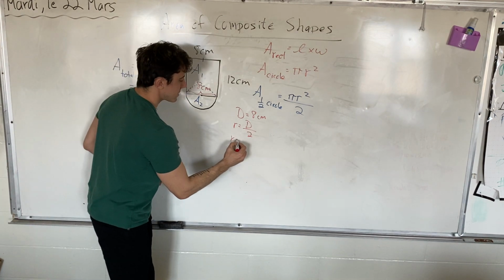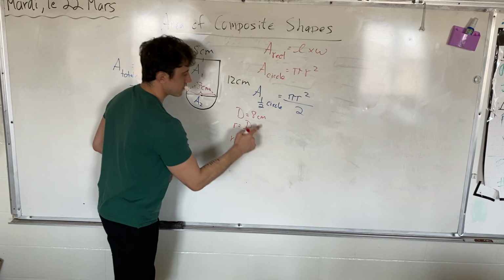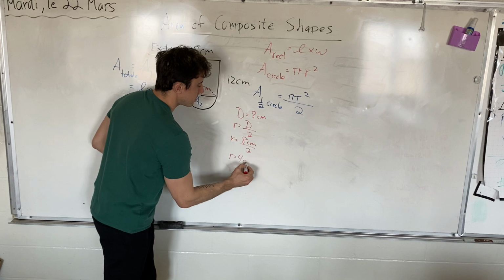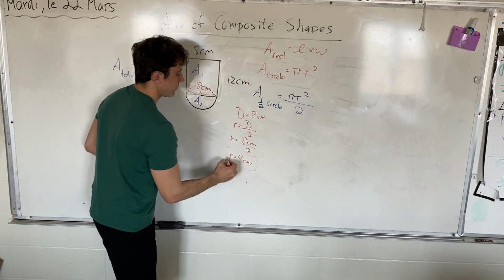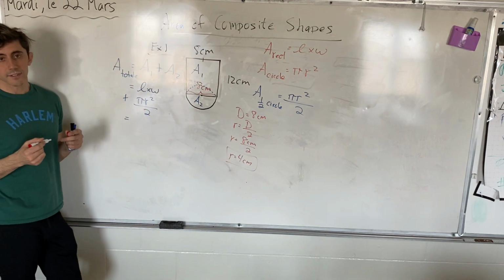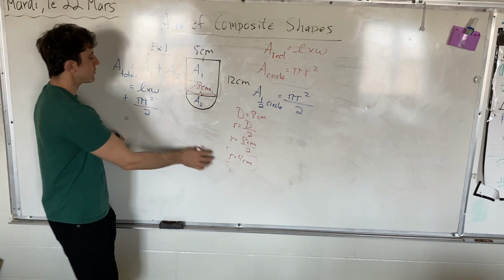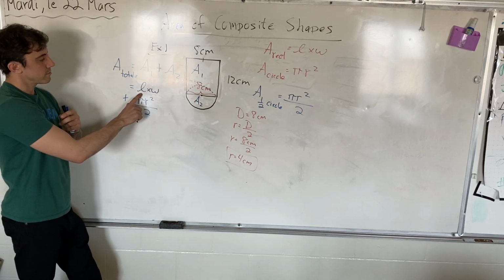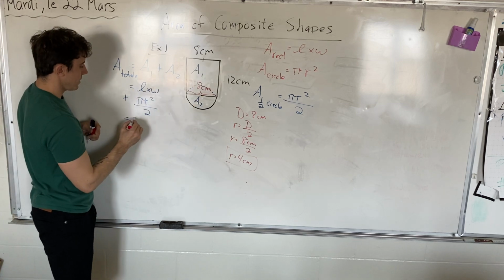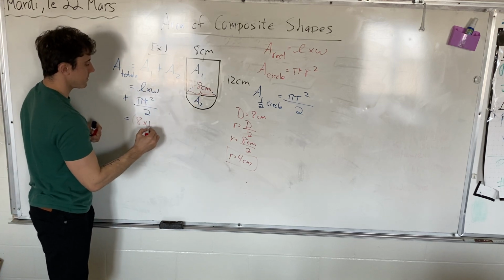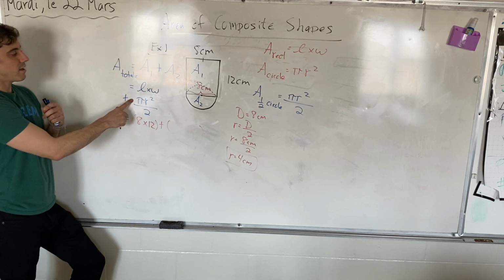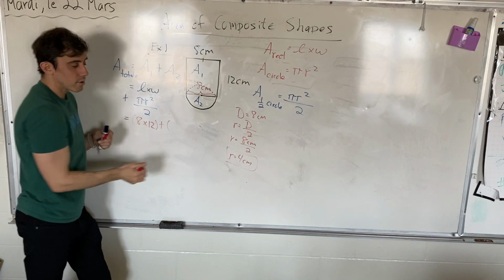And so the radius will be 8 centimeters divided by 2, and so the radius is thus 4 centimeters. And this is the value we're going to use for r in here. And so now, the length times the width will be 8 times 12, plus, and now we'll have pi times r, which is 4.